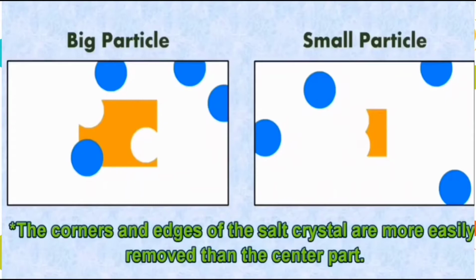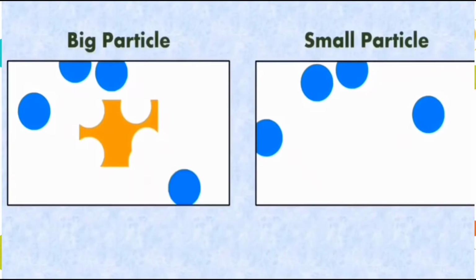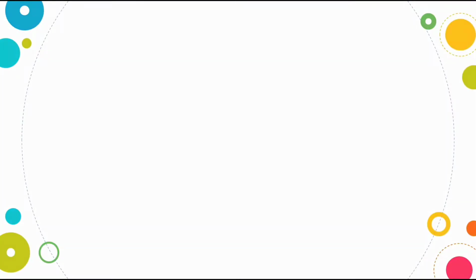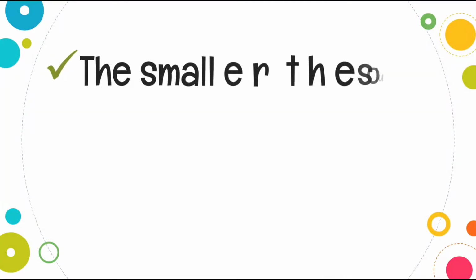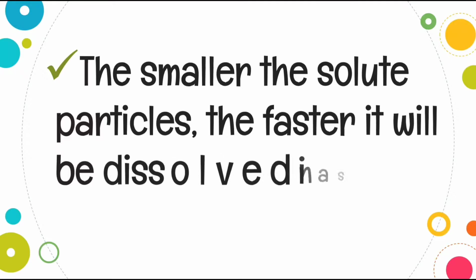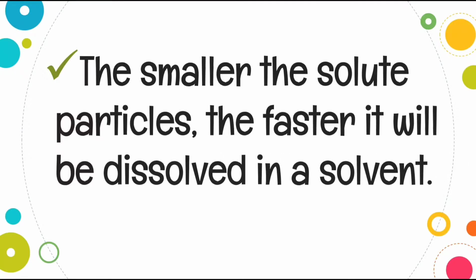The corners and edges of the salt crystals are more easily removed than the center part. So, the small particles dissolve faster because their surface can easily be surrounded by the water particles than the salt with larger particles. Therefore, the smaller the solute particles are, the faster it will be dissolved in a solvent.